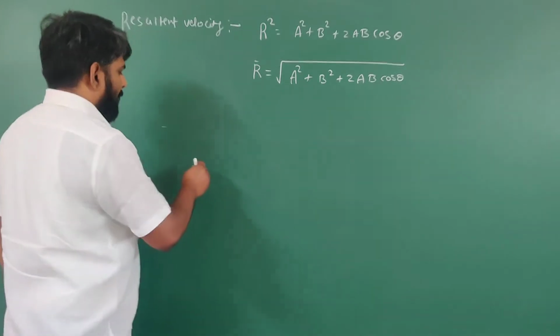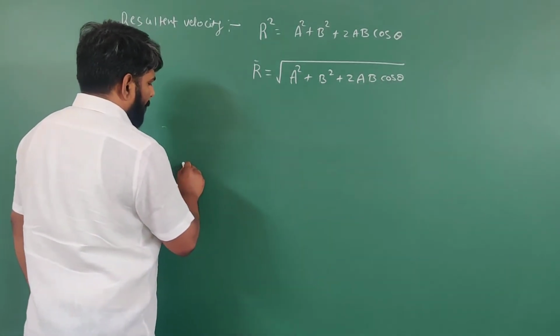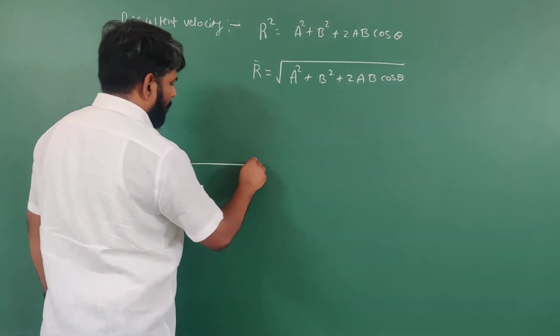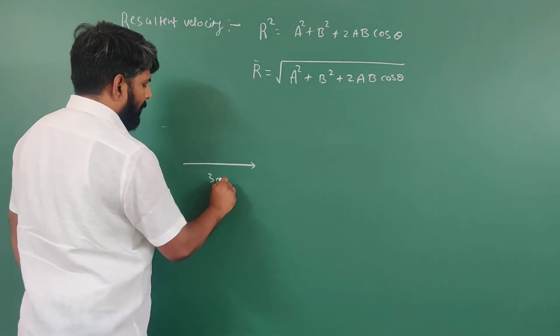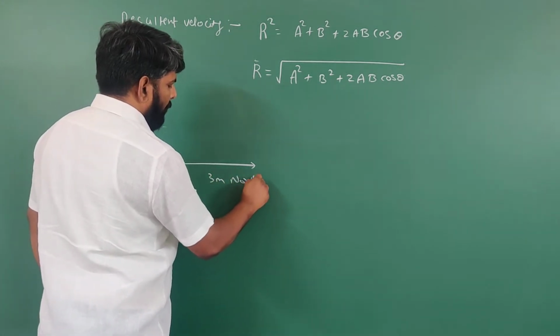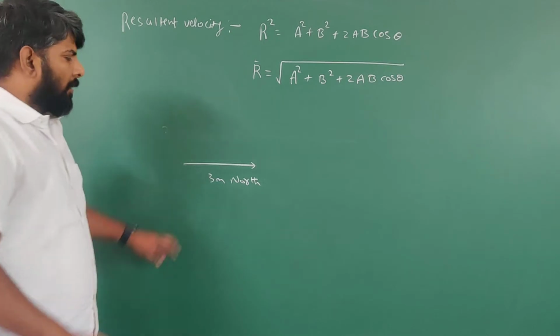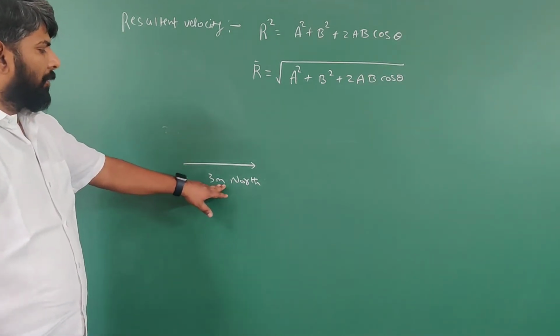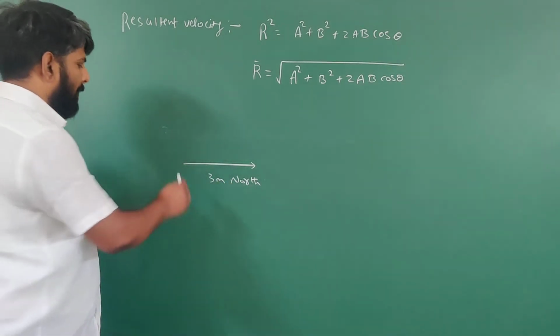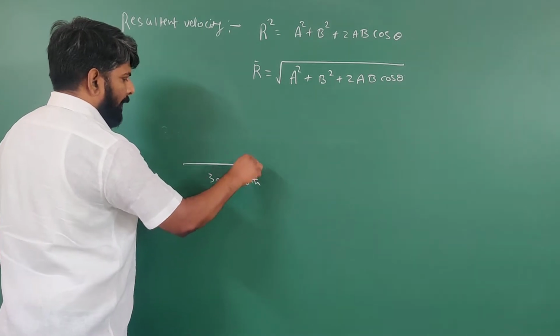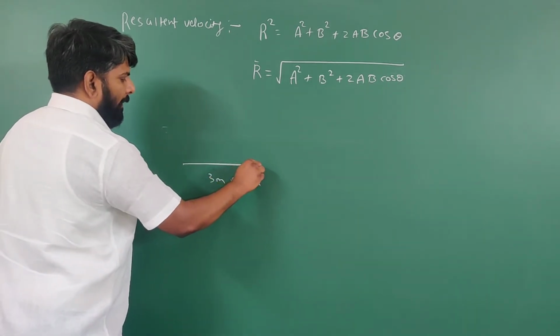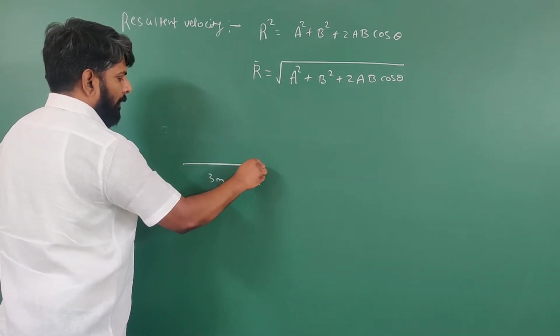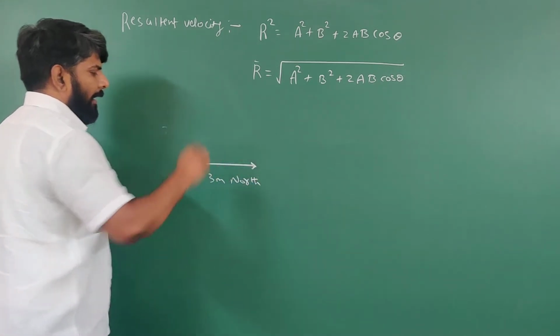Got it? For example, a person starts moving towards north, 3 meters north. Here 3 meters is magnitude and north means direction, like this. Length of this gives magnitude, and the head, this arrow mark, gives direction.